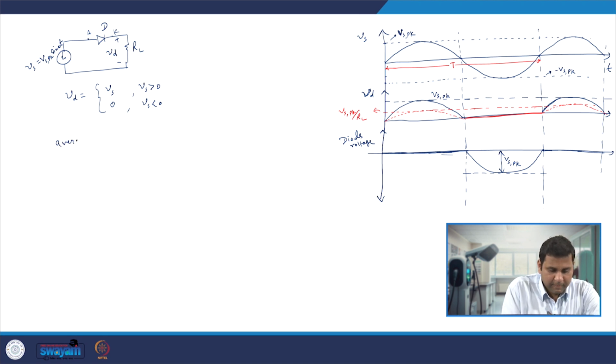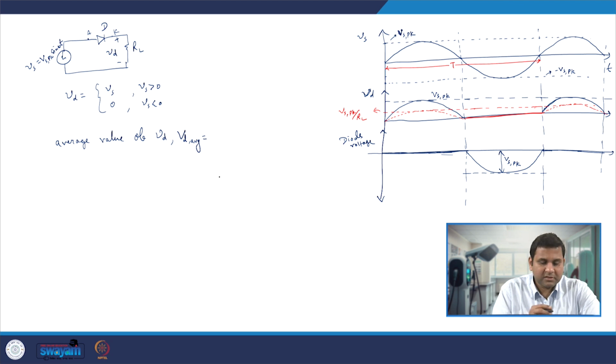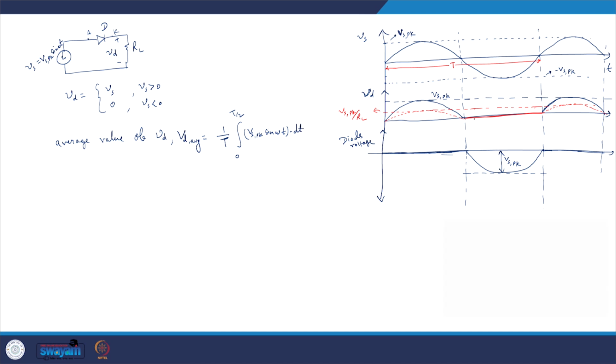So the average value of Vd, which you can say is Vd average, which is also the voltage applied across the load, if you do a simple calculation, will be 1 by T. Since we are taking the average, the waveform repeats itself after the duration T. So you have 1 by T going from 0 to T by 2 of Vs peak sin omega t dt, plus you have a 0 voltage here.